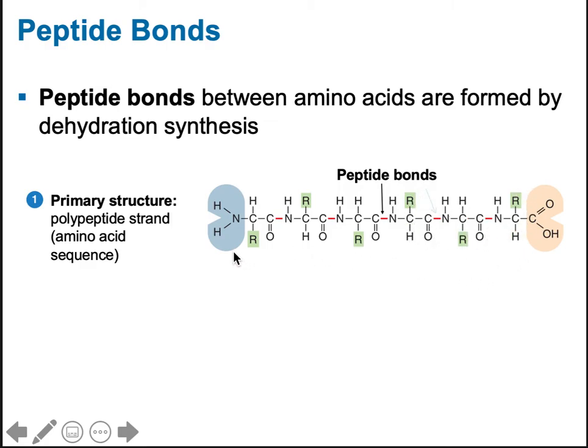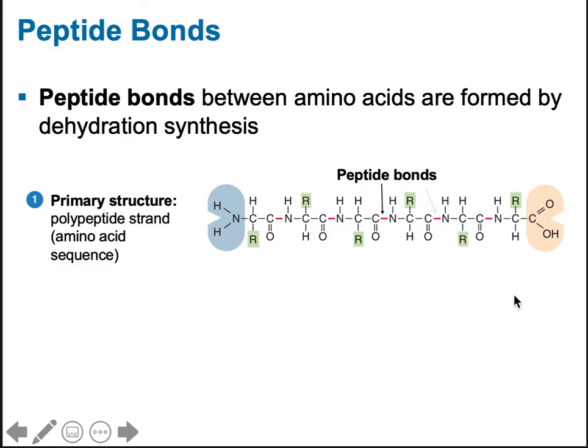So this is a chain of 6 amino acids. Every red spot is a peptide bond. So the peptide bond forms between the carboxyl group of one amino acid and the amine group of the next amino acid. So you see a carbon bound to a nitrogen for every peptide bond.